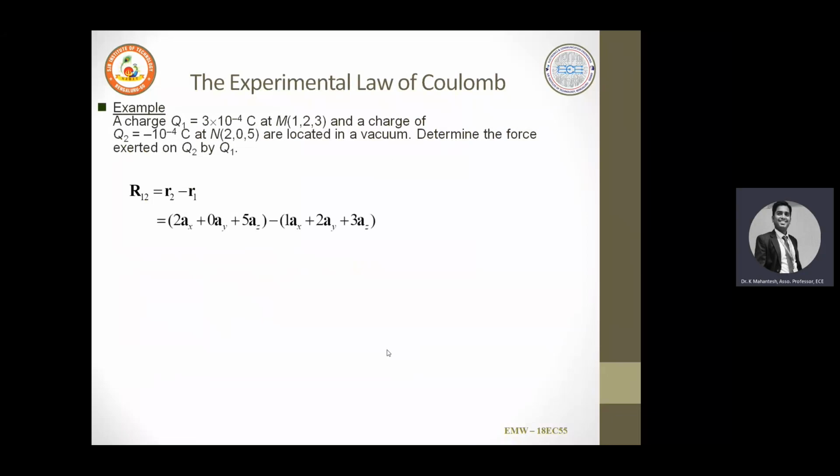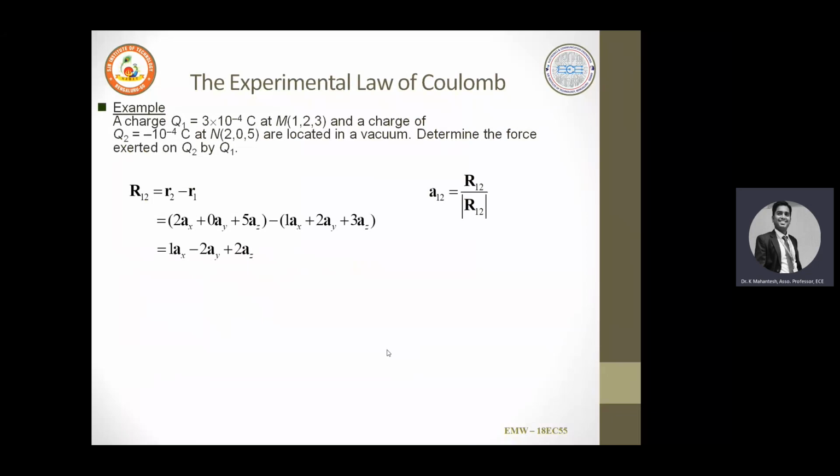So I will consider R12 as a vector equal to r2 minus r1, which in the coordinate system is 2ax plus 0ay, because I don't have the ay component, plus 5az, minus the location M, 1ax plus 2ay plus 3az, and we obtain 1ax minus 2ay plus 2az.